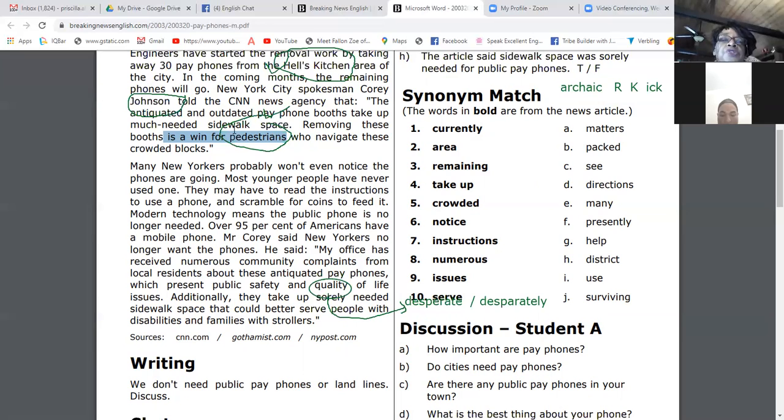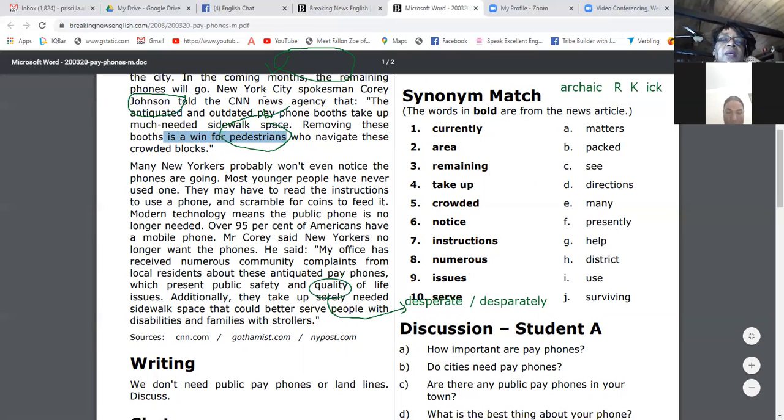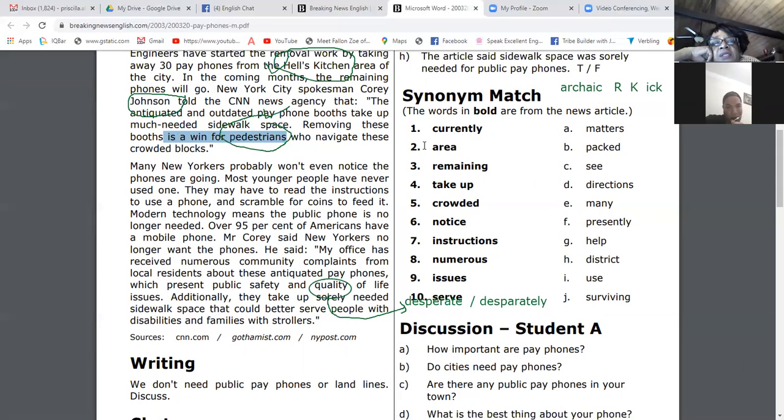Okay, but I want you to use the word pedestrian and the word antiquated as well as Hell's Kitchen. So it might be in an area in New York City, a restaurant called the Hell's Kitchen, where pedestrians go there to eat, will no longer be able to find the antiquated phone booths.